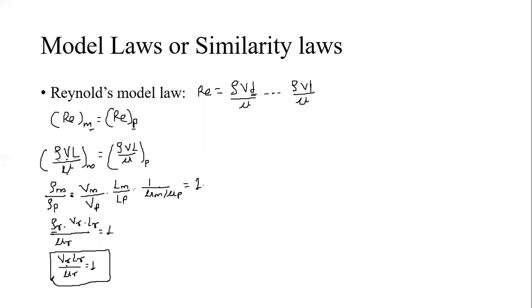From here we will be able to get the velocity scale ratio. कैसे निकालेंगे velocity scale ratio? So velocity scale ratio Vr is equal to mu r divided by Lr. I have taken this mu r here, multiplied by 1 divided by the length scale ratio. This will be the velocity scale ratio.